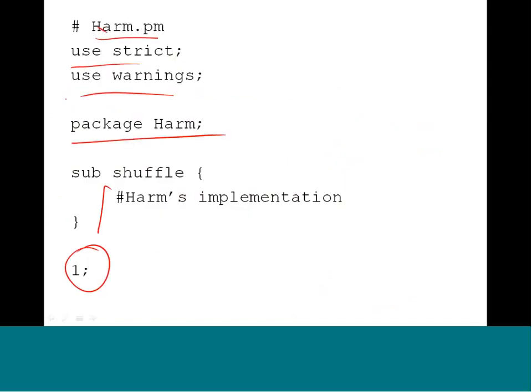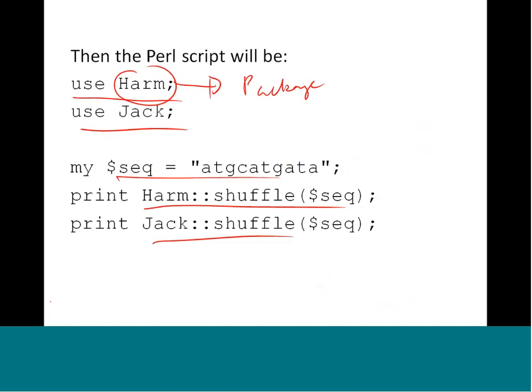So here basically how we use it, we define the harm.pm with one semicolon, and then we use it inside the script, basically just harm. We give the keyword use harm to make sure that this package is exported.